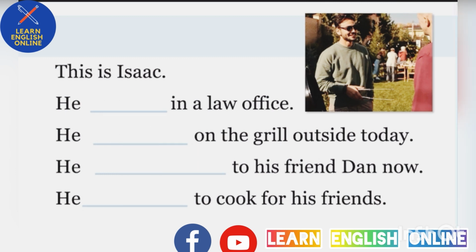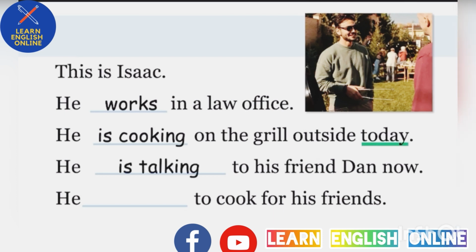This is Isaac. He works in a law office. There's no signal word here, but I can see the picture. He's not in an office right now. He's outside. He is cooking on the grill outside today. I see this in the picture, but also I see this signal word today that tells me present progressive.